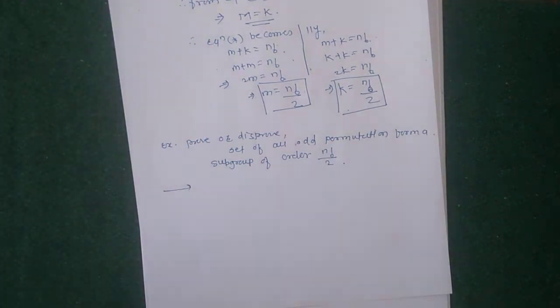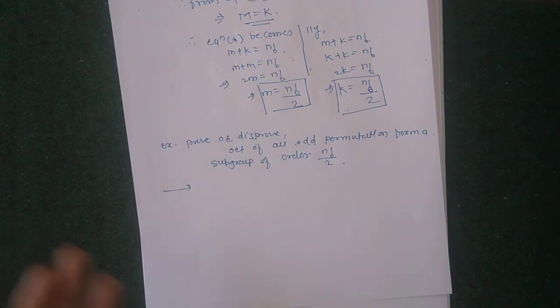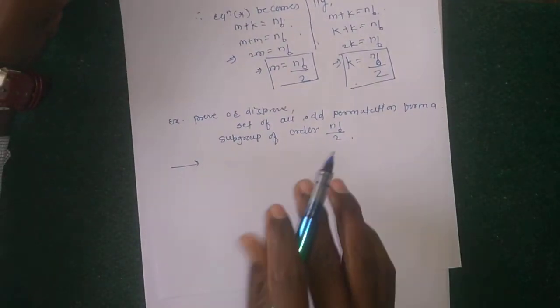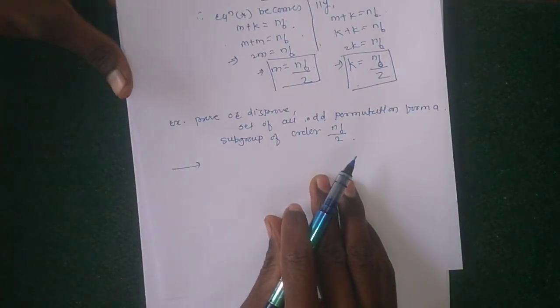In the previous lecture we showed that the set of even permutations is a subgroup. Here we have to prove or disprove whether the set of odd permutations is a subgroup or not. But the set of all odd permutations is not a subgroup.